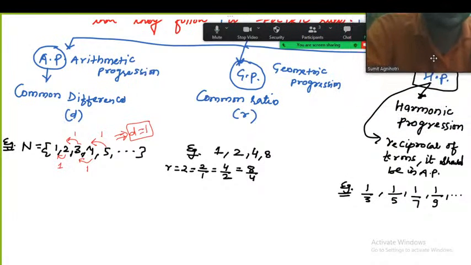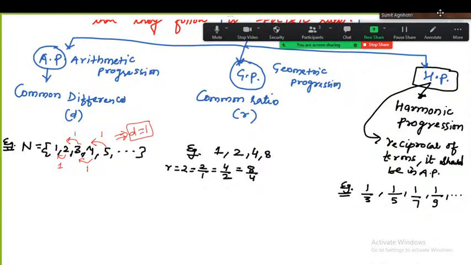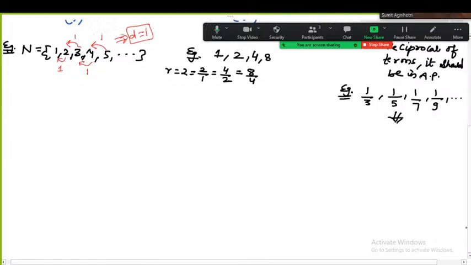But if you consider the reciprocal of all of them, you will get 3 over here, 5 over here, 7 over here, and 9, and similarly different terms.